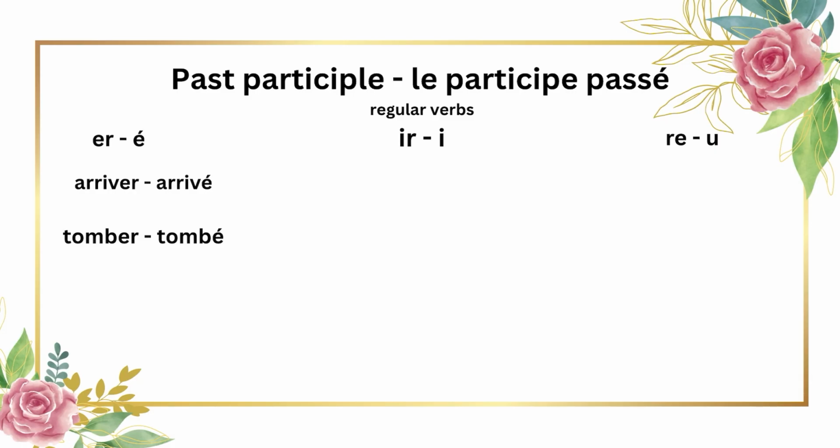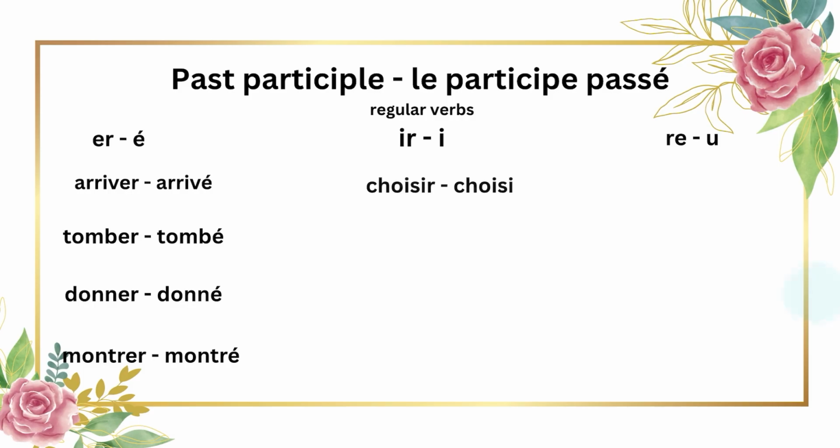Tomber, to fall. Donner, to give. Montrer, to show. In all these verbs, we see that to form the past participle, we drop the er and we simply add é, e accent aigu. These are regular er verbs.